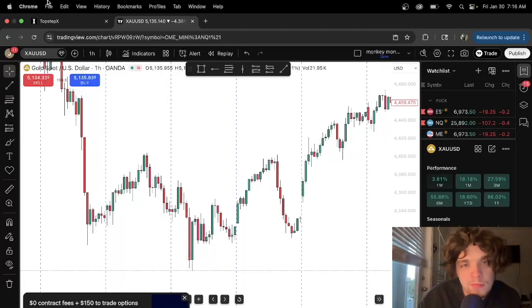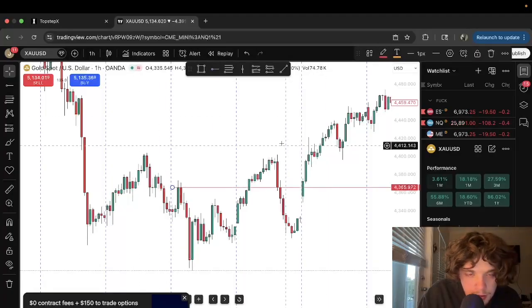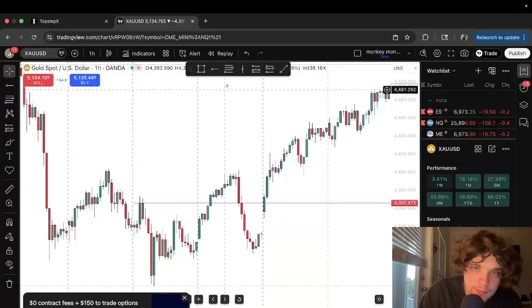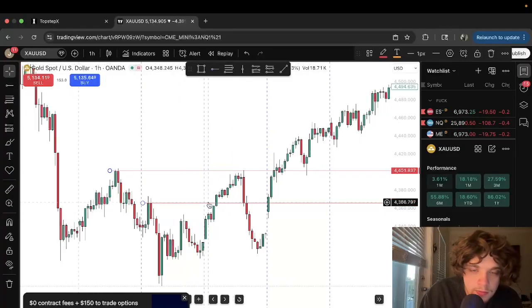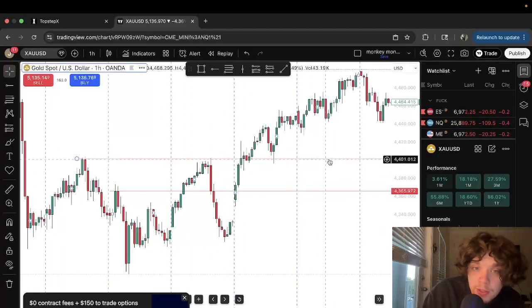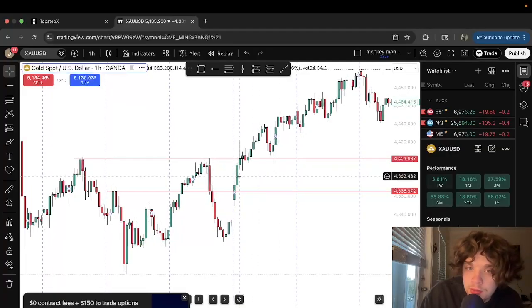So okay, right here, structure gets broken because these highs are taken out, right? We see a little bit of relief, and then this is the confirmation that structure really is broken and we are going up. This is where you want to look for an entrance, right here.